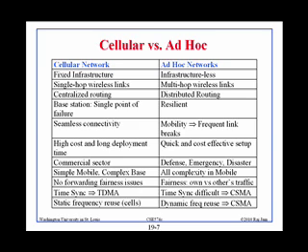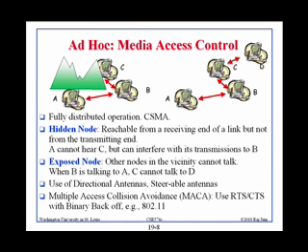The media access control. When you have media access control, these are the issues which are really normal wireless issues, except that now that we are going half by half, they become more amplified. So we already know the hidden node. What is a hidden node?